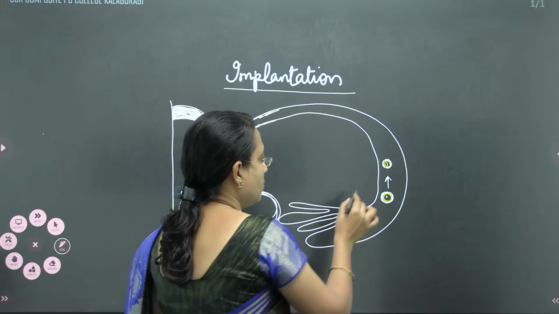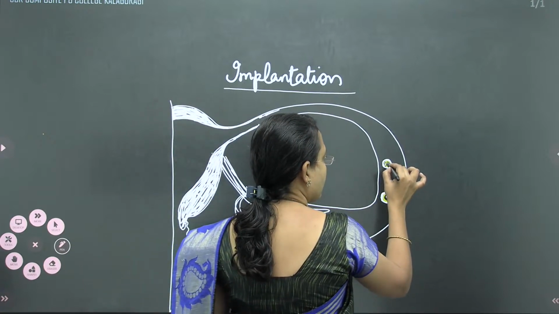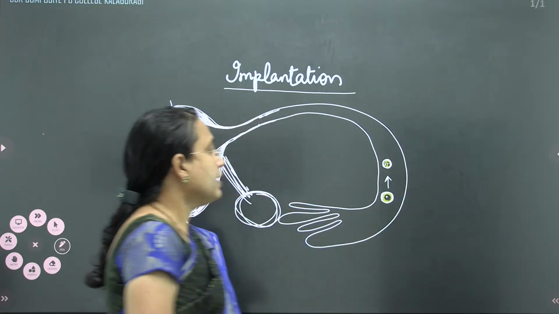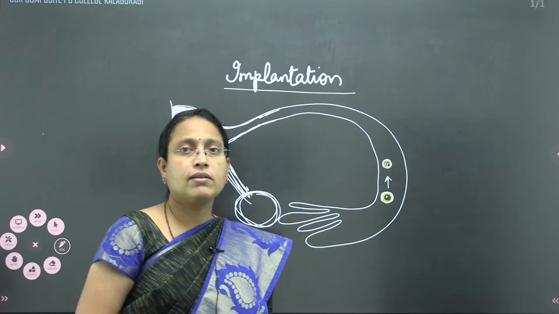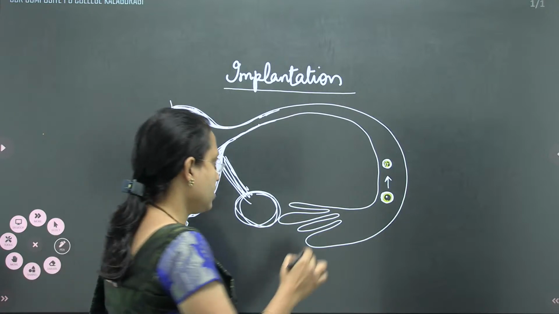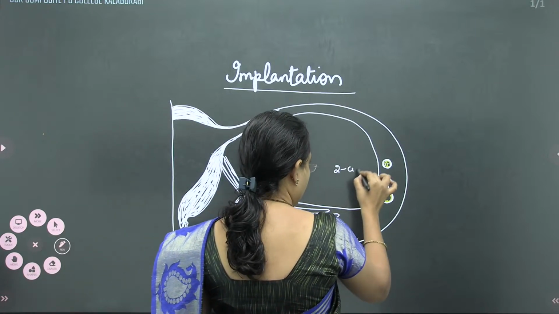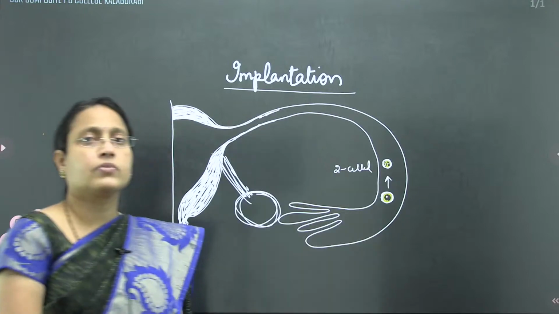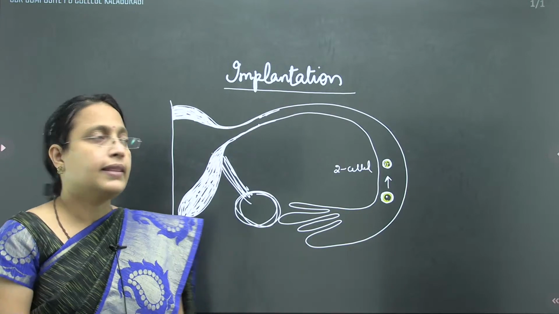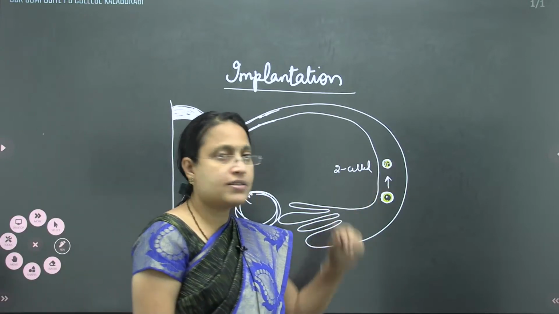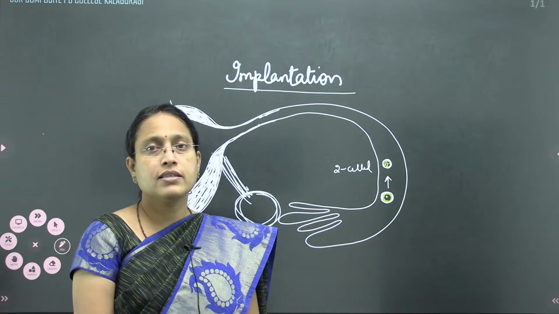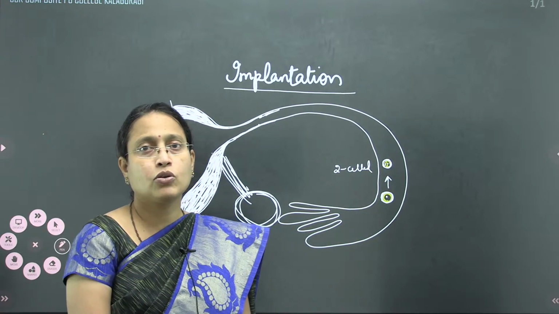So now two daughter cells are formed. This is called the two-celled stage. So you can tell which cell stage this is: the two-celled stage. Then what are these daughter cells called? The daughter cells are called blastomeres.